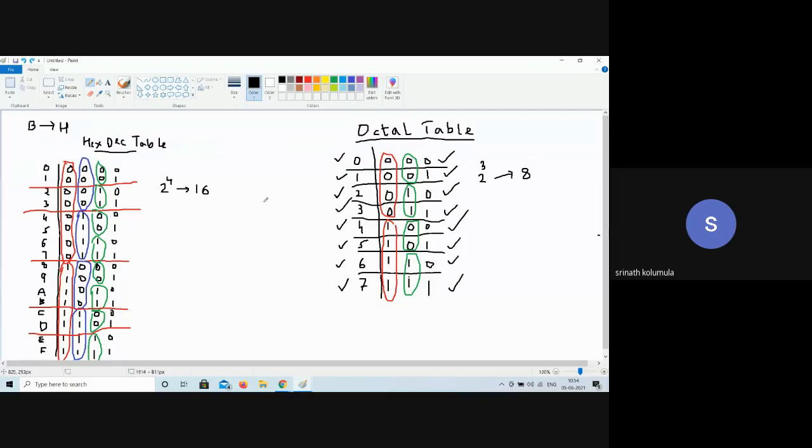For any competitive exam you take, I can expect around 2 questions from number systems. And binary arithmetic is also an important concept; if time is there, I'll discuss binary arithmetic.